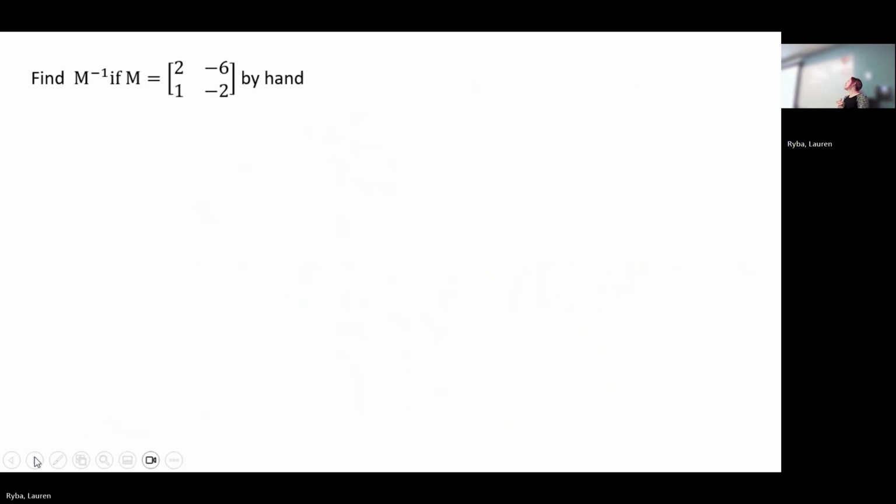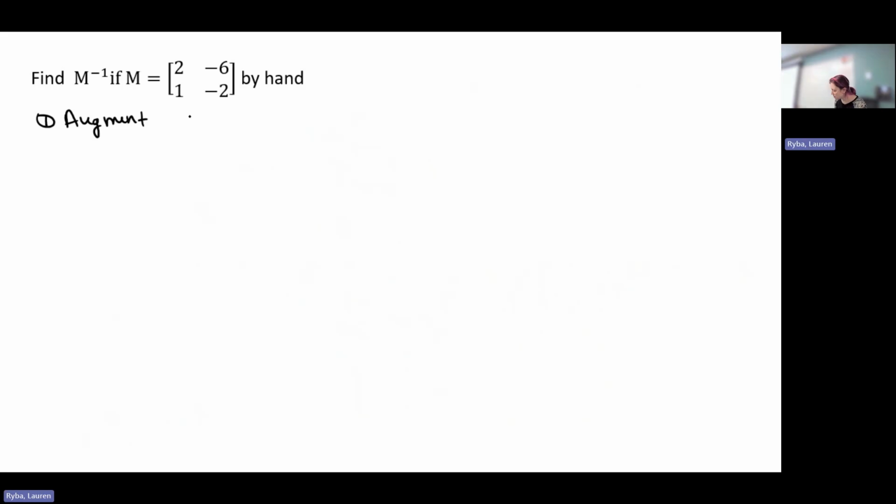So, how do we actually find an inverse if we're just given our first matrix? Well, what we're going to do first is set up an augmented matrix.